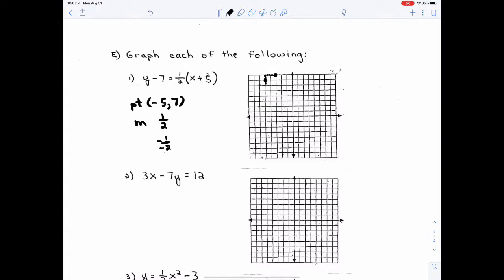So I could go down 1 and to the left 2. And you don't need to do both of these, by the way. Remember, you only need 2 points for a line, and then connect up the line.